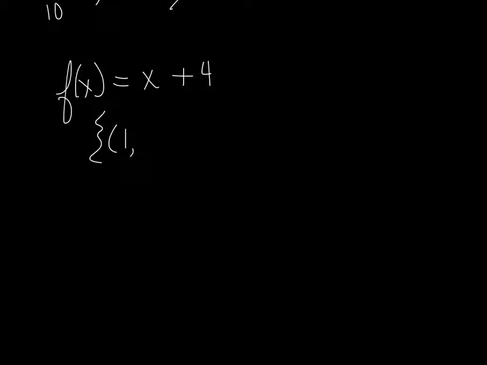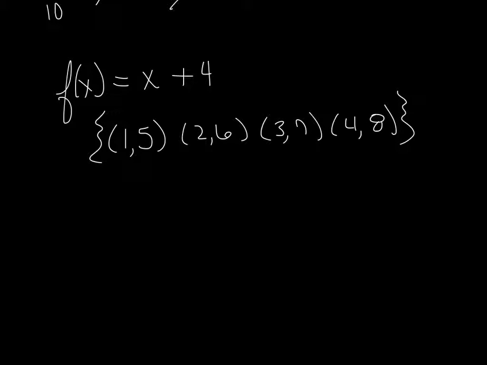If x is 2, what is y? 6. And if x is 3, y is 7. If x is 4, y is 8. And we'll just stop right there. But that is a representation of the function as a set of ordered pairs.